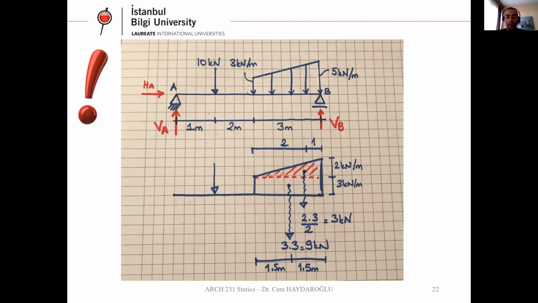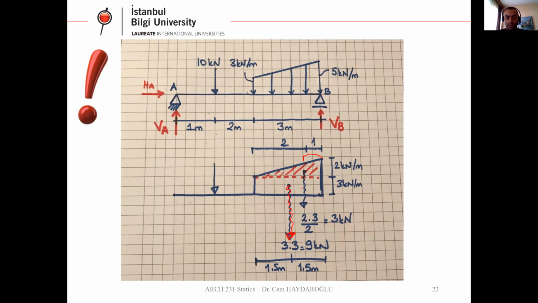The 9 kilonewton is at the midpoint of the rectangle. That's okay. This is the center point of the rectangle. But here we have a perpendicular triangle. So its location is 1/3 L from the highest point.